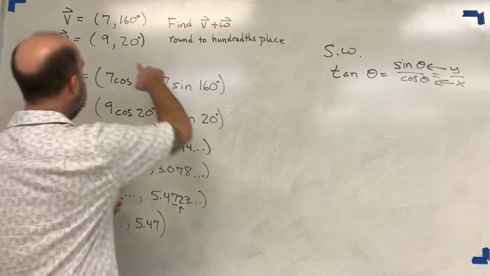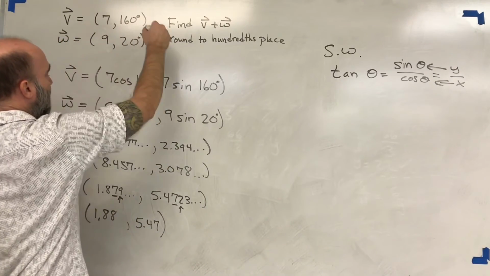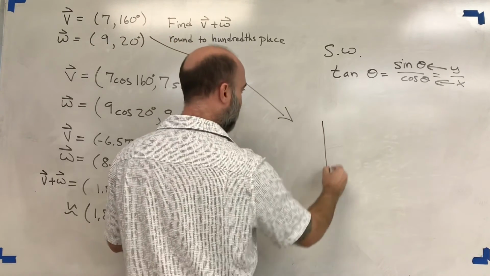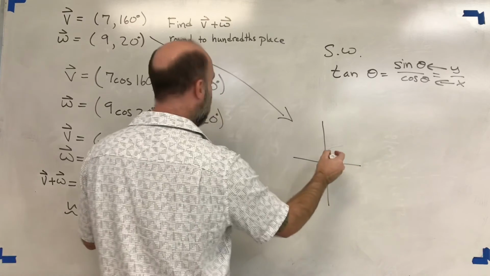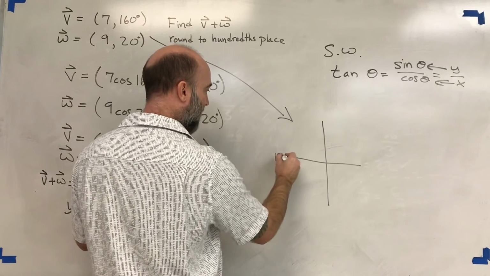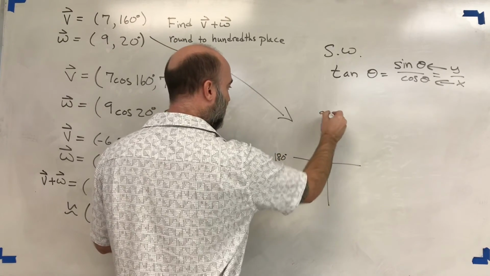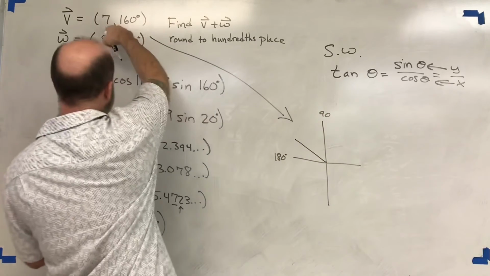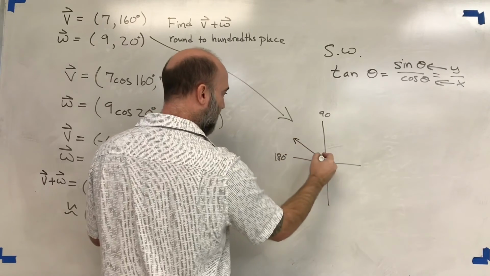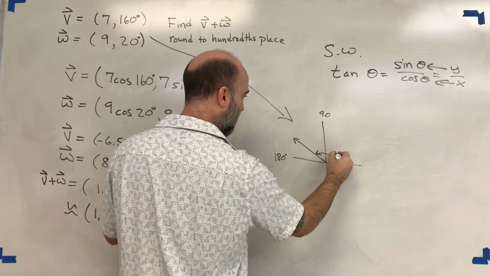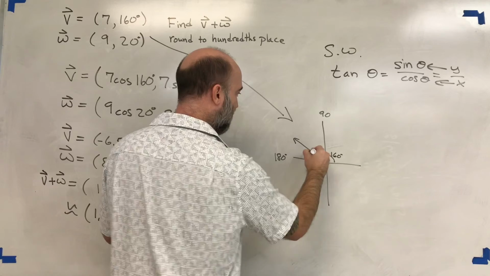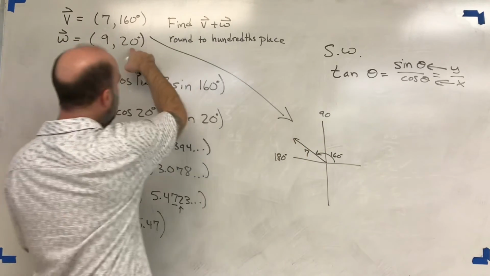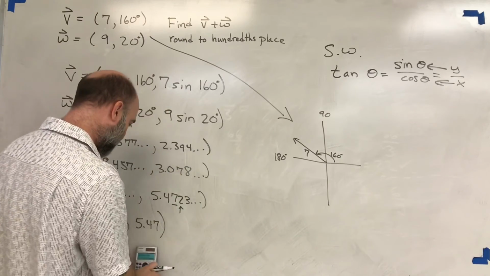Okay, it's nice to get a visual representation of what this looks like. The graphical representation is, I got 160 degrees. So this is 180 degrees, this is 90 degrees, so it's about right here, and it's a distance of 7. Then I add to it, and I like to look at the direction first.